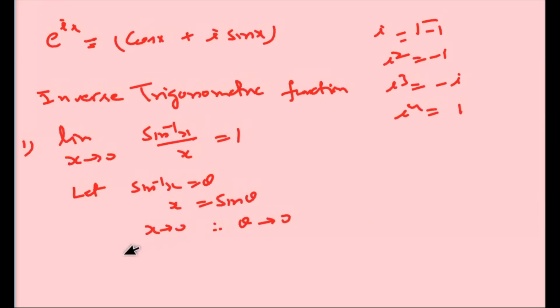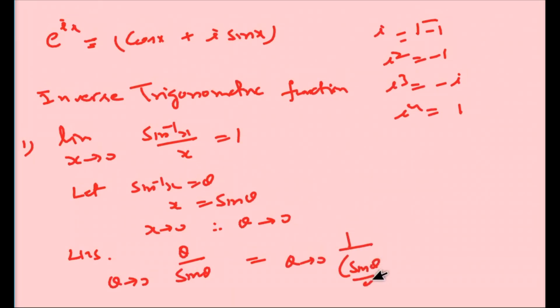So we can write the LHS as theta upon sin theta, as theta tends towards 0. Now we can write it as the limit as theta tends towards 0 of 1 upon (sin theta upon theta), and we know this limit is 1, so we can write 1. It is the proof of this. Okay.